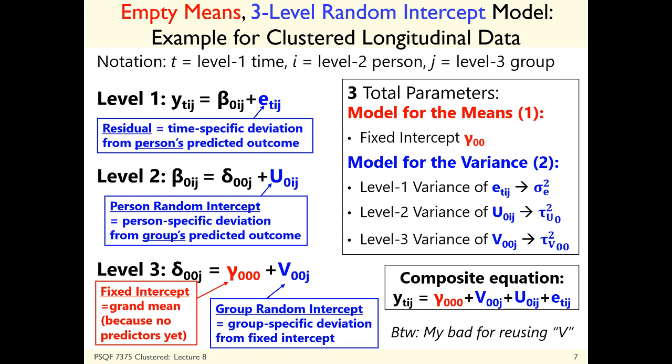So 3 variance components, 2 different kinds of random intercepts, and a level 1 residual. They're all uncorrelated because that is the definition of what a level means. Variance components are always unrelated across levels. So that's my empty means 3-level random intercept model.